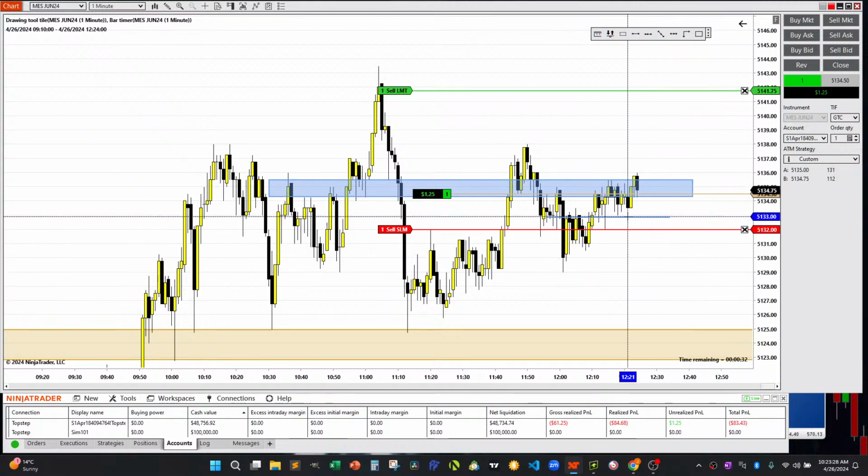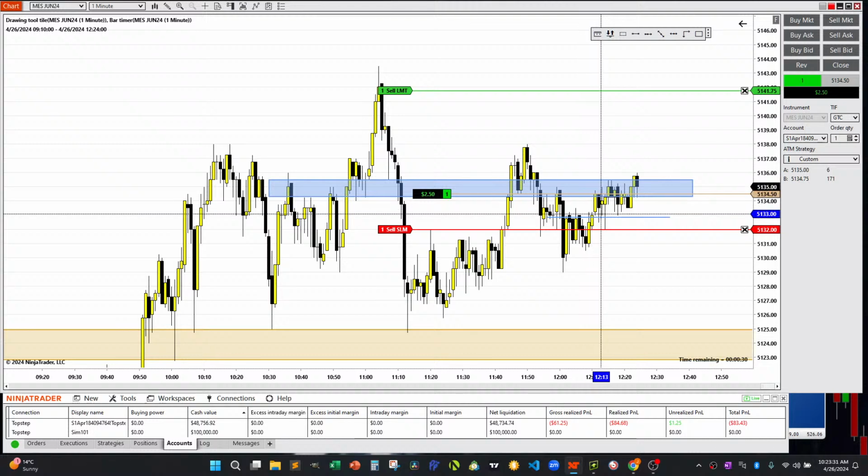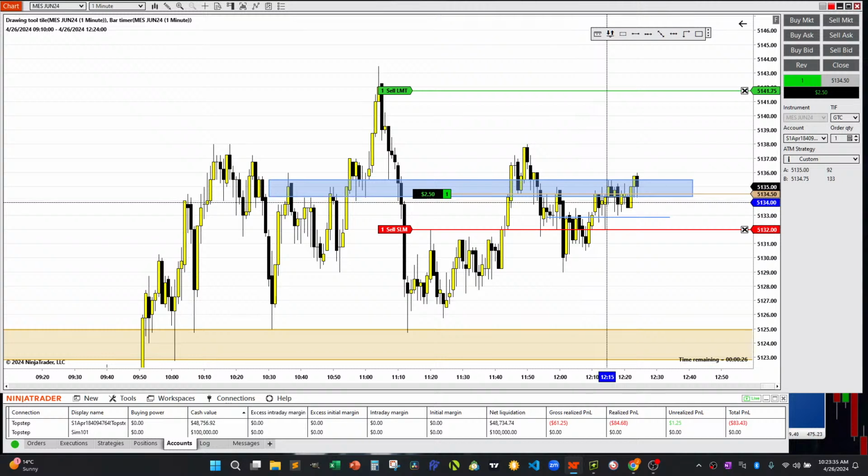I'm sitting in this trade for quite some time. Got in on this candle here. 1, 2, 3, 4, 5, 6, 7, 8, 9, 10, 11, 12, 13, 14 minutes so far.